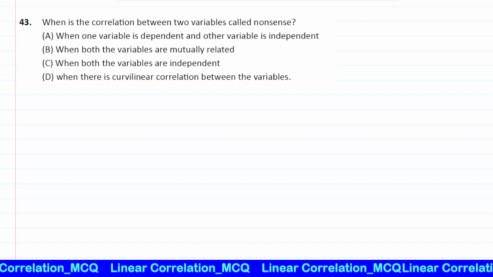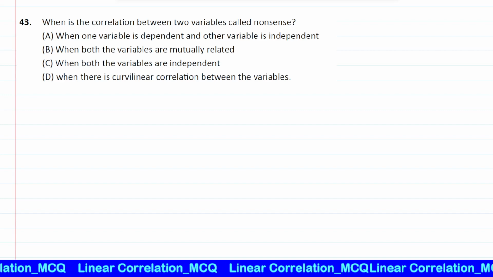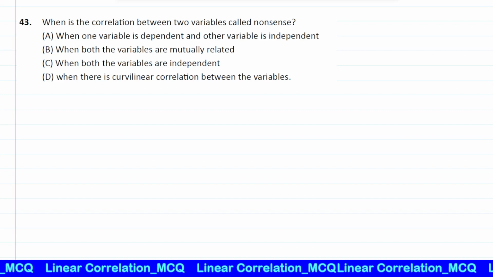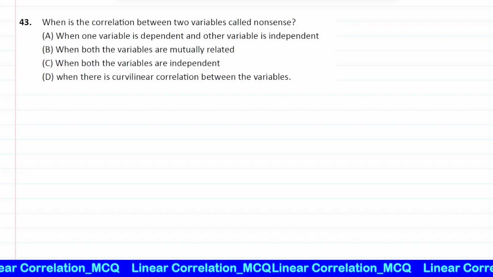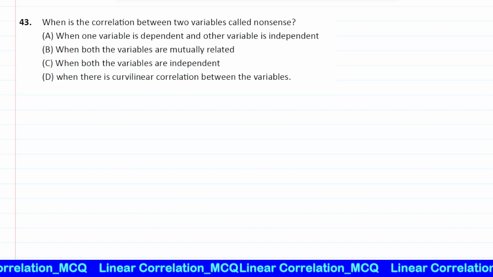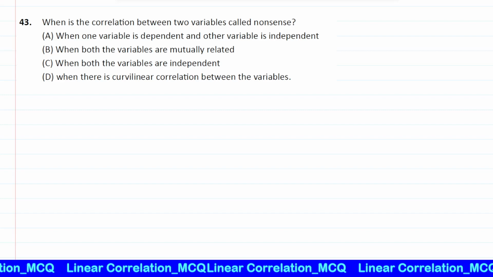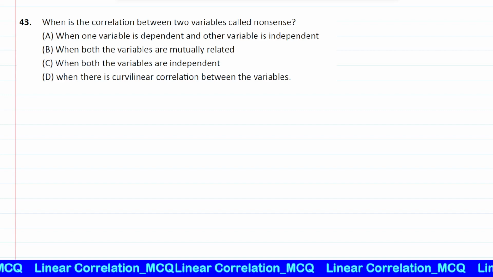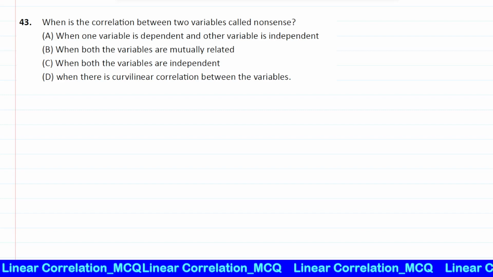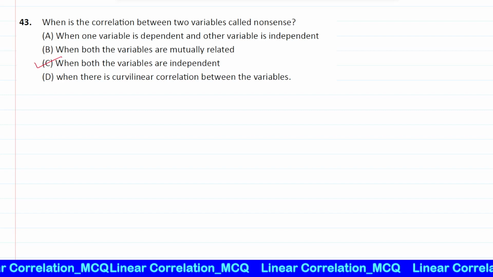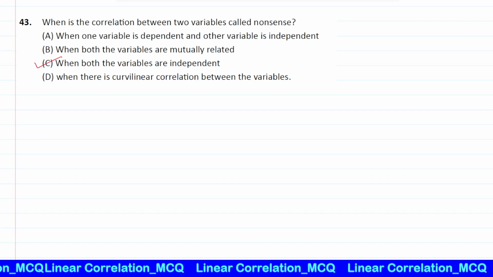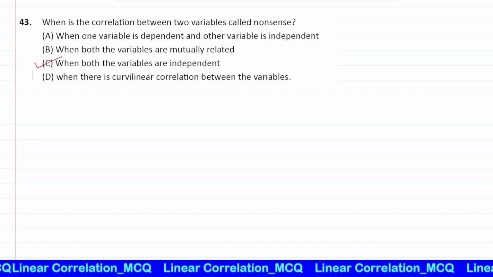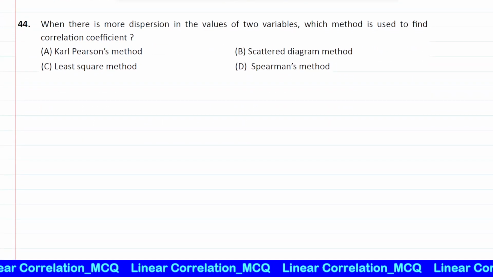When one variable is dependent and the other is independent. Okay, so both the variables are connected. When both the variables are mutually related, that is also possible correlation. When both the variables are independent, okay, there is no relation between the two variables. Option C is correct. So there is nonsense correlation when both the variables are independent.